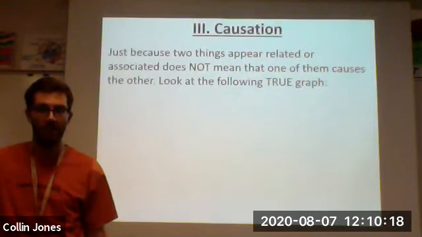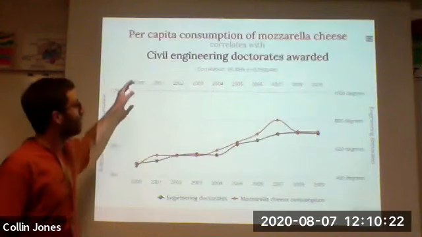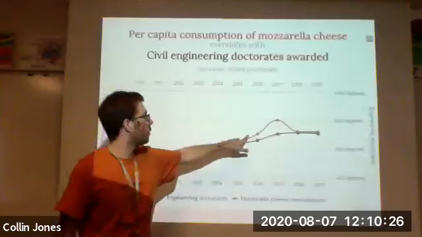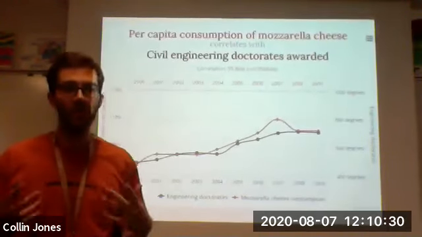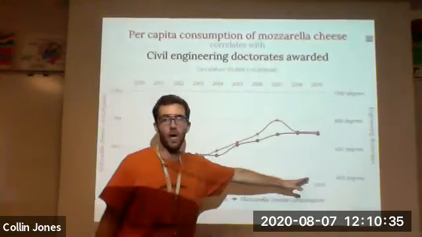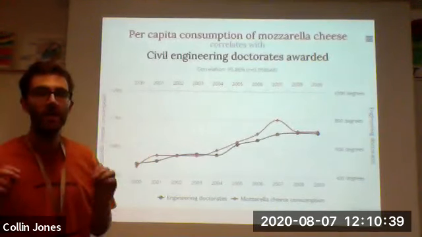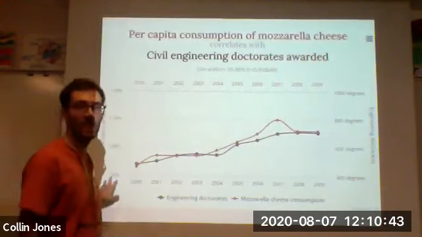Take a look at this graph, okay? Might be hard to see, but what we have here are a red and a black line. The red line here, this top one with the hill, shows how much mozzarella cheese people have eaten between the year 2000 and 2009. And then the black line shows how many doctorate degrees in engineering people received during the same time frame.